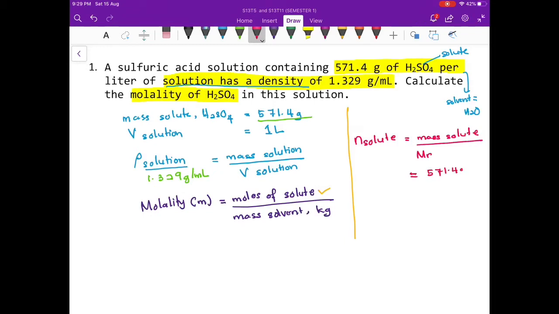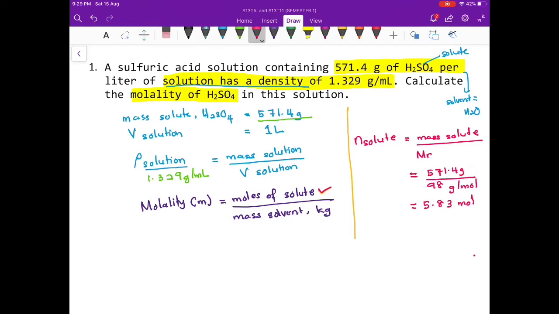571.4 gram divided by the molar mass for sulfuric acid, 98 gram per mole. From there you get 5.83 mole. This is the number of moles. What is our problem now? We already have this, but we don't have the mass of the solvent.